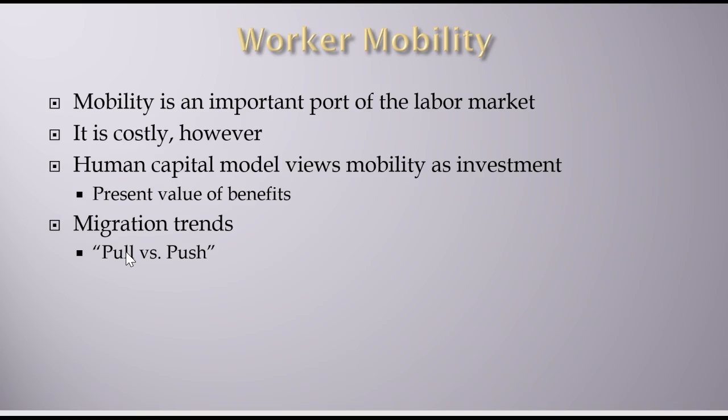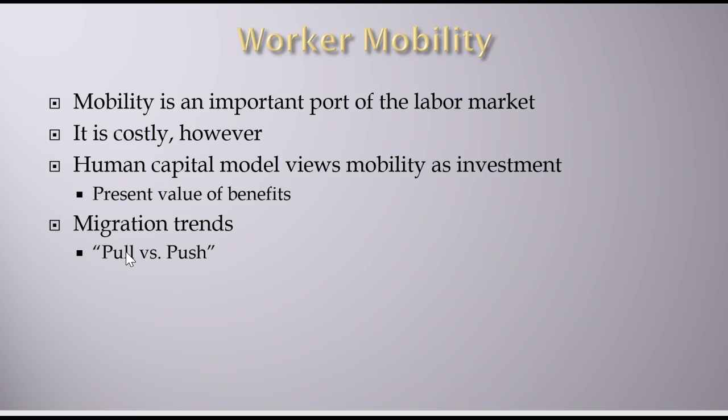When you look at the data more, though, with the out-migration versus the in-migration in certain areas, it seems that the pull is a stronger effect than the push. What that means is that people move towards areas of better opportunities as opposed to away from areas of bad trends.